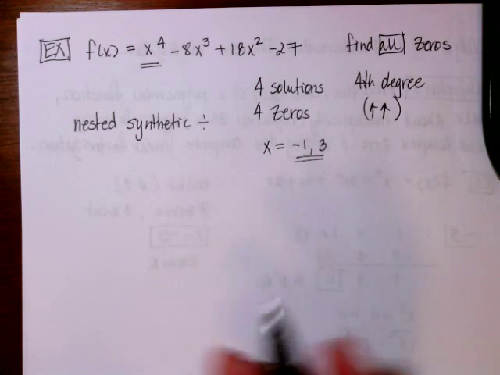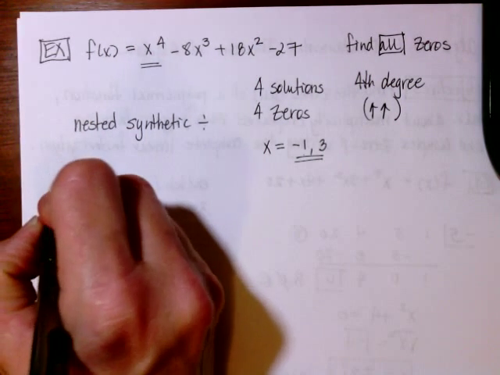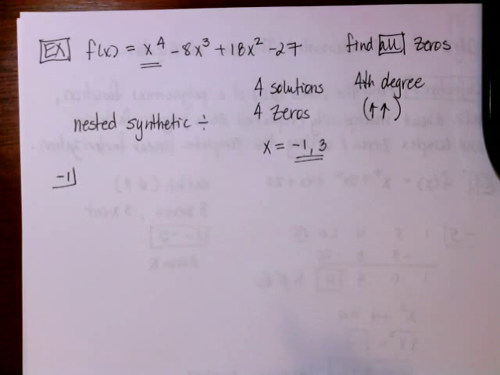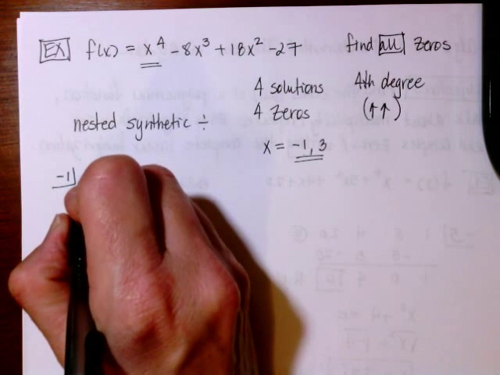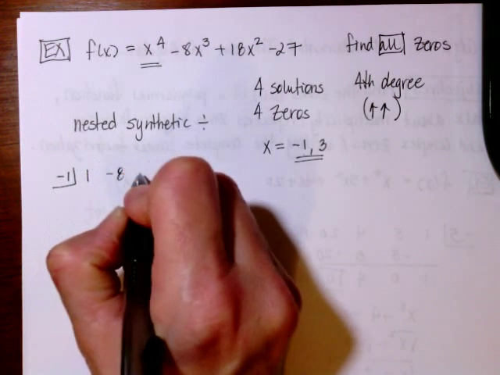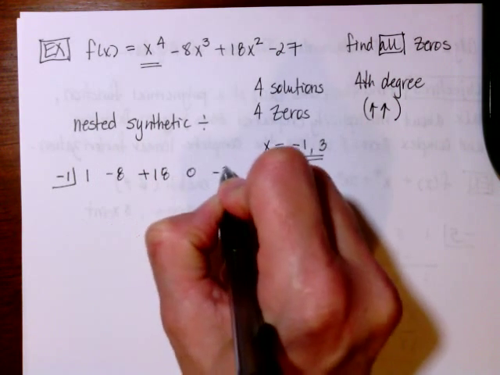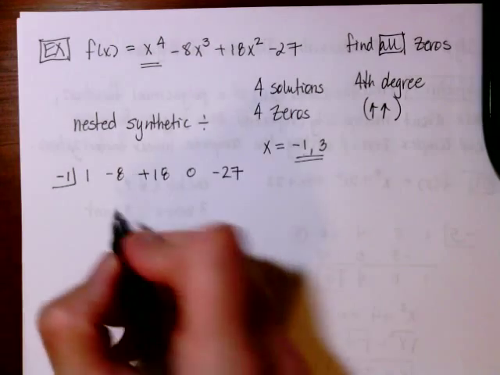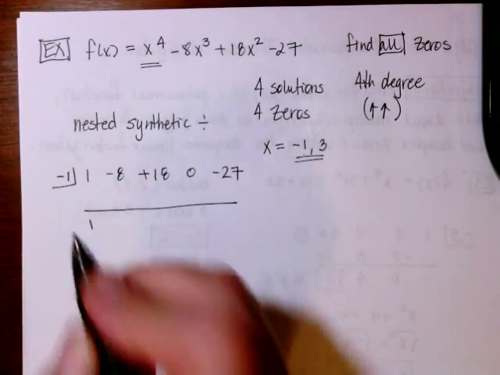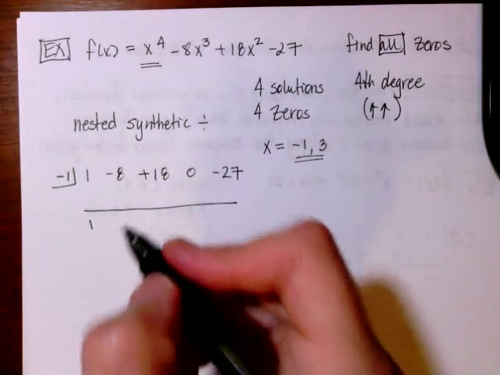It doesn't matter which 0 you start with, so I'm just going to start with the -1 because that's the one I found first. I'm going to write my coefficients. This is a 1, -8, +18, 0, -27. Bring down the first term, which is a 1, and now I'm going to start my process.